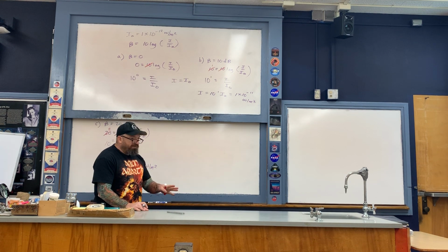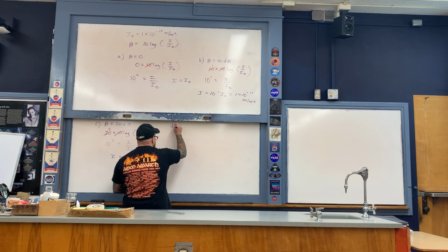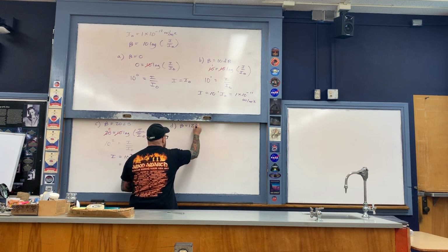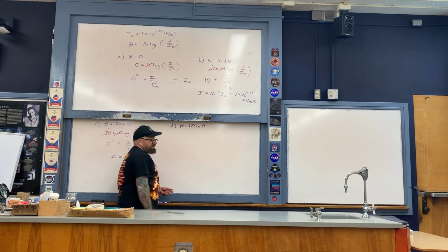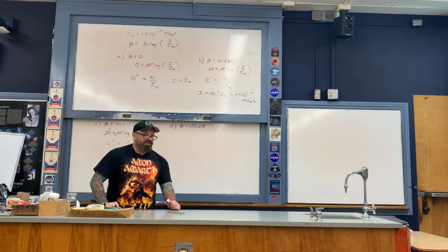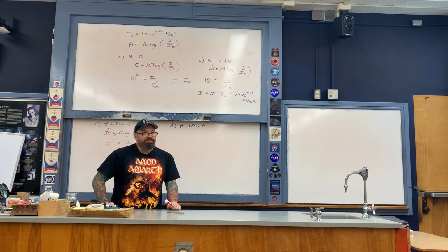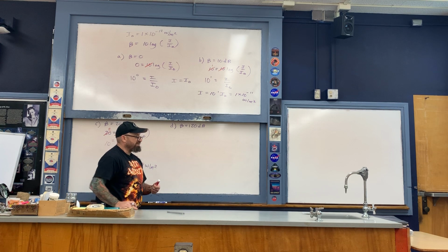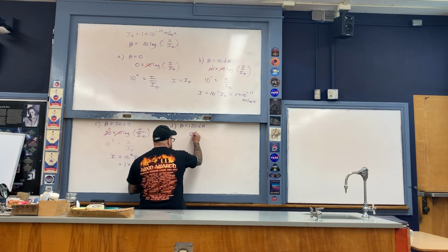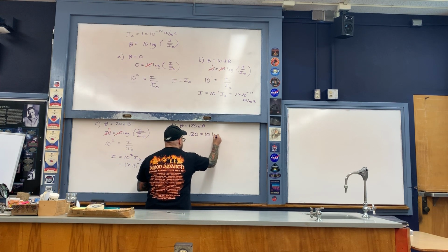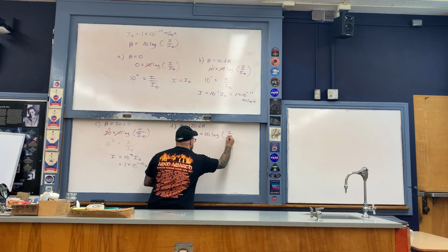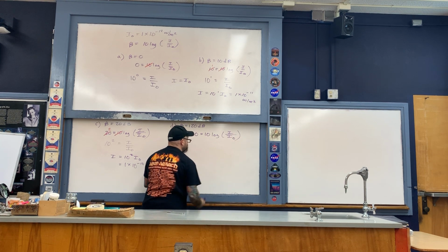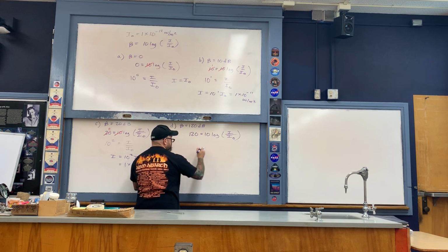Okay, now a couple of fun numbers here in parts D and E. So part D is 120 decibels. You may recognize this number, and the reason for that is because of the intensity of the sound that it corresponds to. Let's go ahead and calculate that intensity before I describe its meaning. All right, so I'm going to go ahead and set beta equal to 120. Like so, and then I just once again solve for I. So do a little bit of canceling, and this becomes a 12.